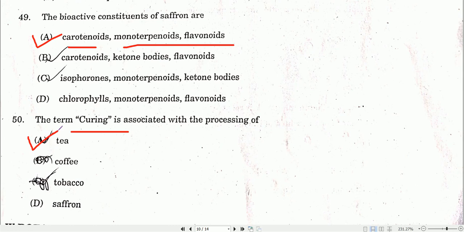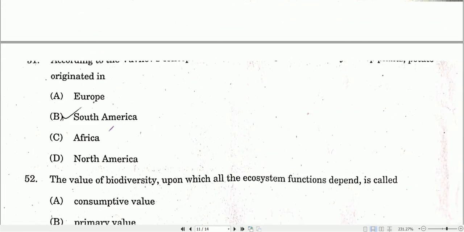So next question, coming to question number 51. Sorry, the question is not available here, so I am reading the question. According to Vavilov's concept of the center of origin and diversity of crop plants, the potato originated from South America.